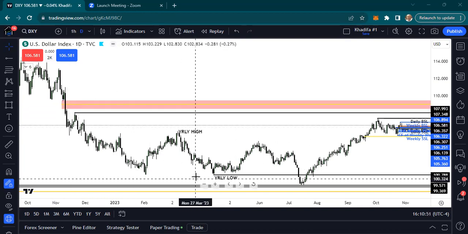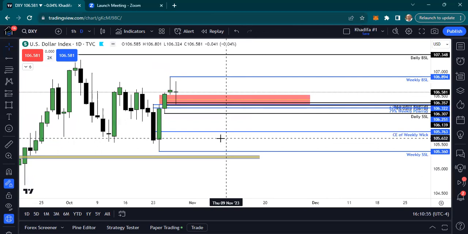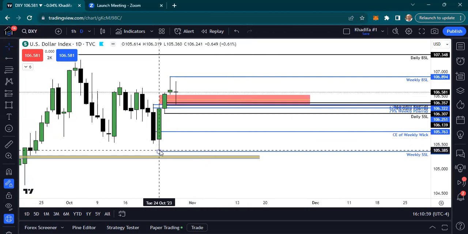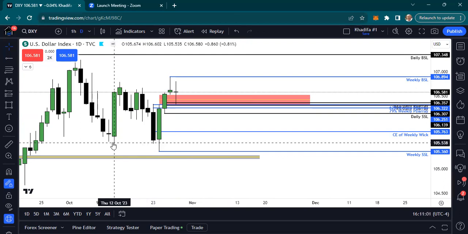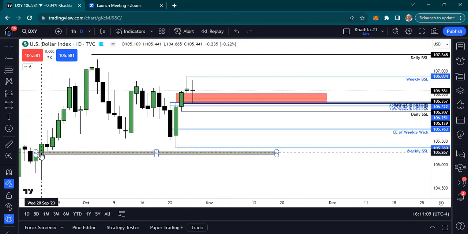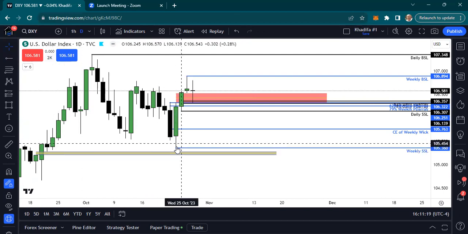So last week we saw price open up bearish Monday. We reached down to run this sell side liquidity from October the 12th, and attempted to reach for this daily fair value gap, but we left that untested.